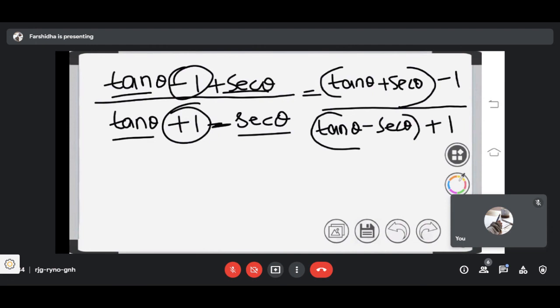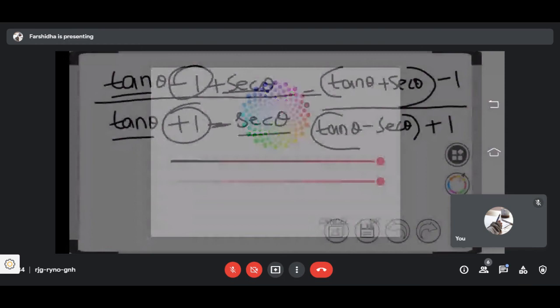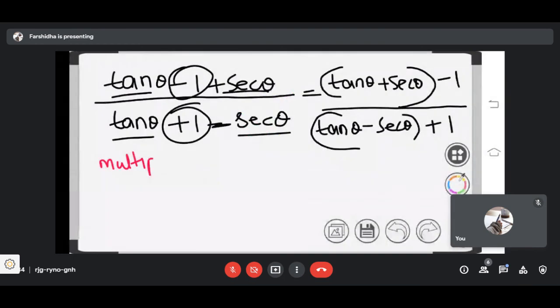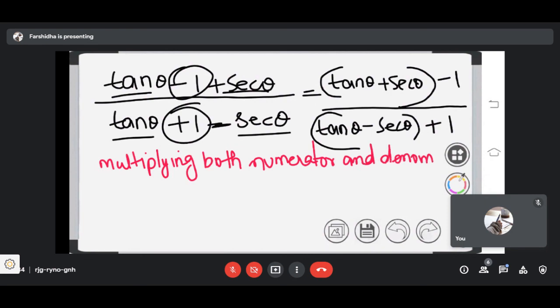Now write down multiplying both numerator and denominator by tan theta minus sec theta.